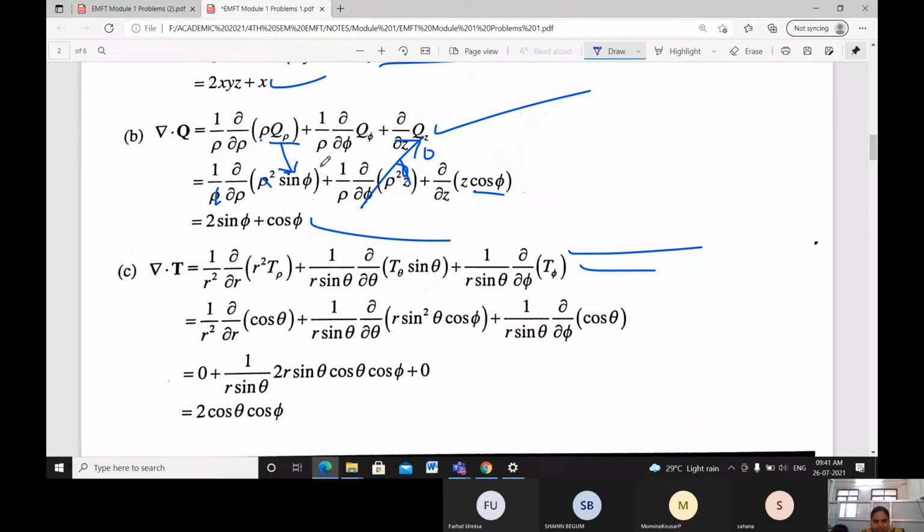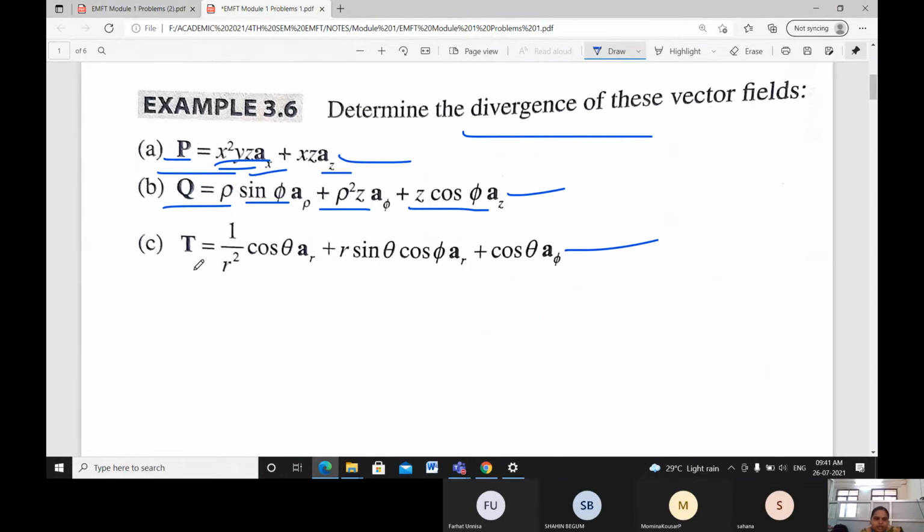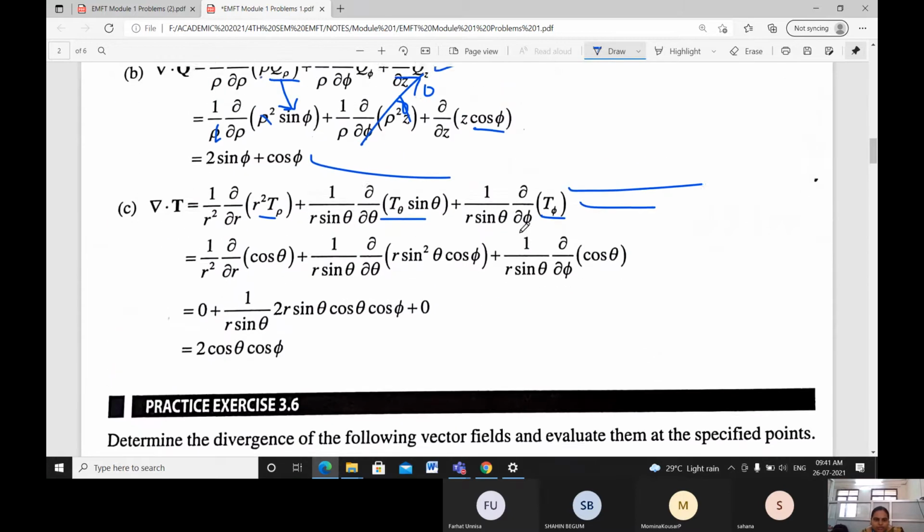This is the equation. Here you have to substitute for Tr, T theta and T phi. This is your Tr, this is your T theta, then it is your T phi, that you have to substitute in the equation.